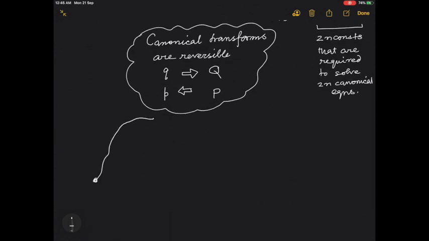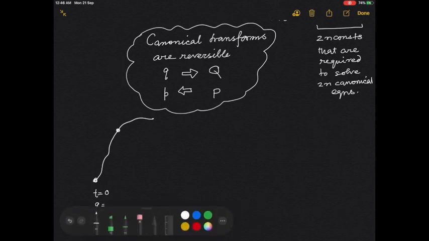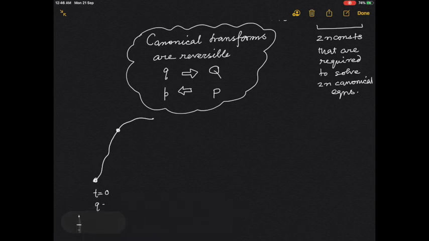Well, let's reverse things a little bit. Let's say that I have this thing, and whenever we talk about evolution of the system, we always start with t equals 0 or some known time, and q equals q0, and we ask the question at a later time and q, what is the state of the system, and that is now given by S, or if you wish G2.